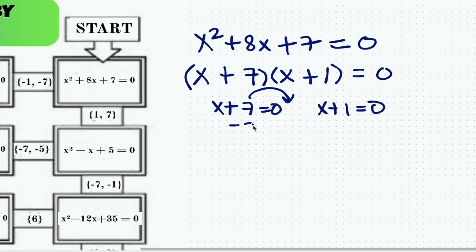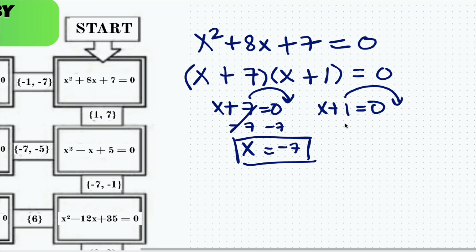There you go. x would be equal to 0 minus 7, which is negative 7. Same with the other side. We have to subtract 1 from both sides. The answer would be x equals negative 1.